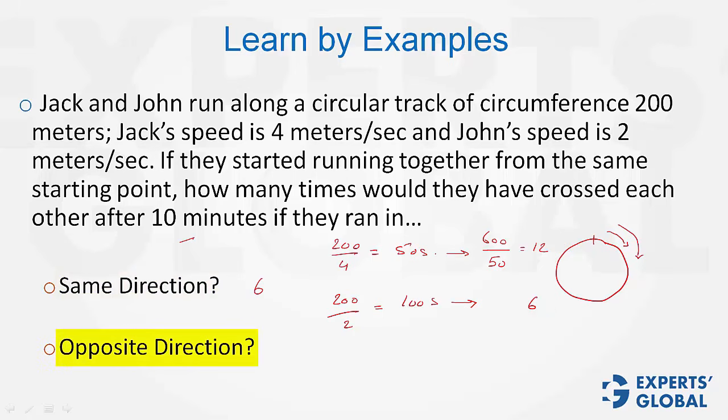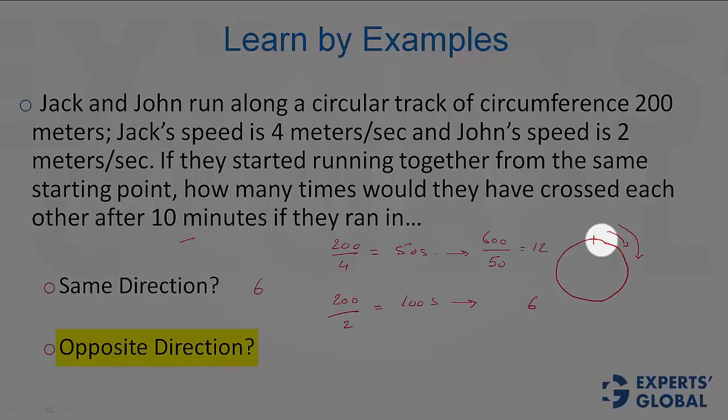What happens when they move in the opposite direction? Now see what would happen. The slower boy runs this side, and the faster boy this time runs this side, the opposite side. So what would happen? This boy is a bit slower. He will keep on moving at a slower pace. The faster boy would cover the circumference at a faster pace, and therefore somewhere here they will meet.